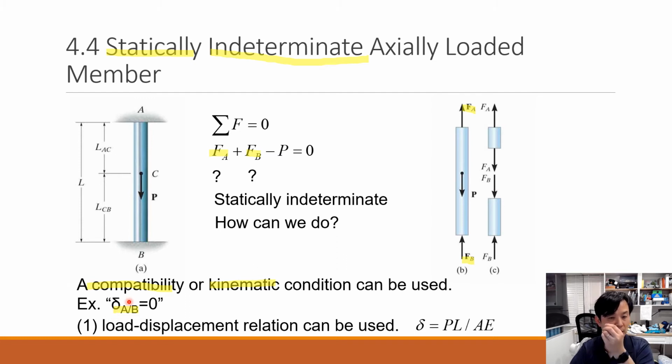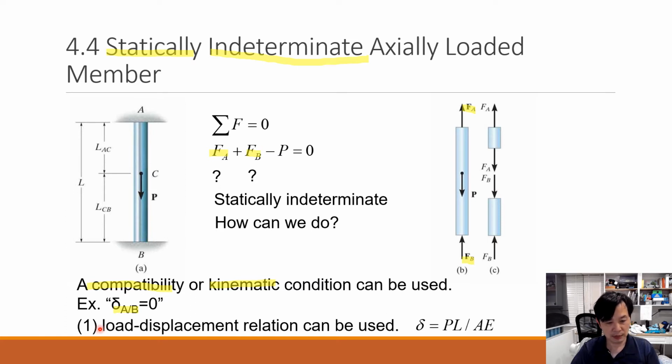So although we don't have enough equations from the force side or moment side, we can derive an equation from the geometry side like this. This kind of requirement is obtained from our boundary condition because A and B are fixed. We fix the post in its position.